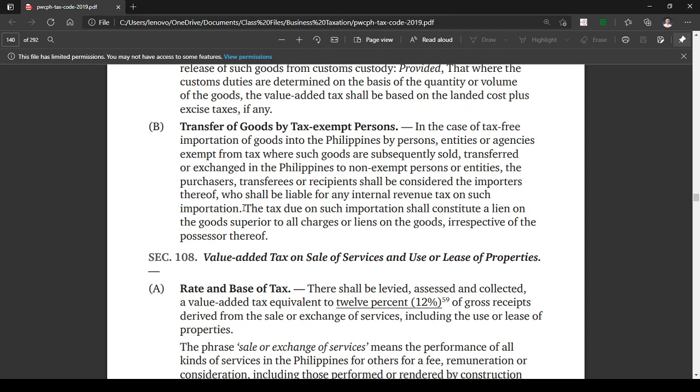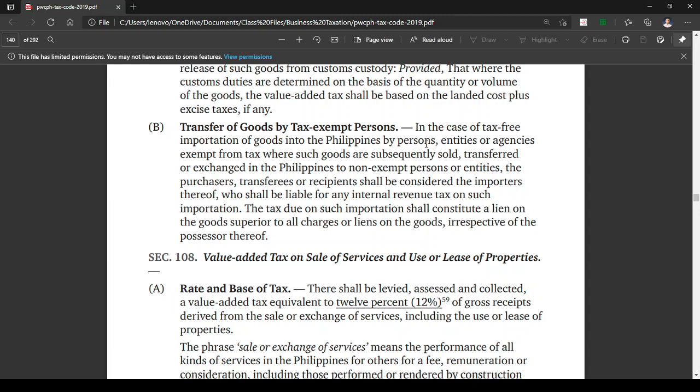So for example, let's say meron tayong isang person. We'll call that person A. Okay, so si A, siya isang exempt person, a tax-exempt person. Tapos si A nag-import siya ng, let's say, mais na lang. Say, nag-import si A ng mais.